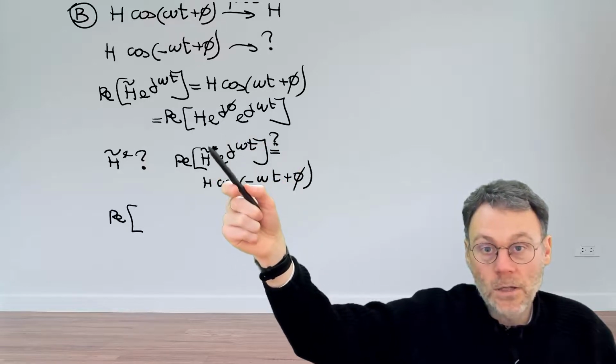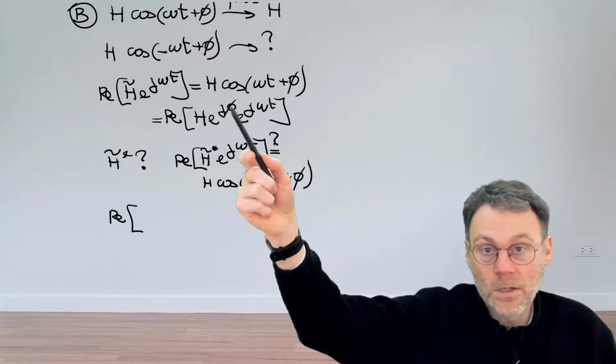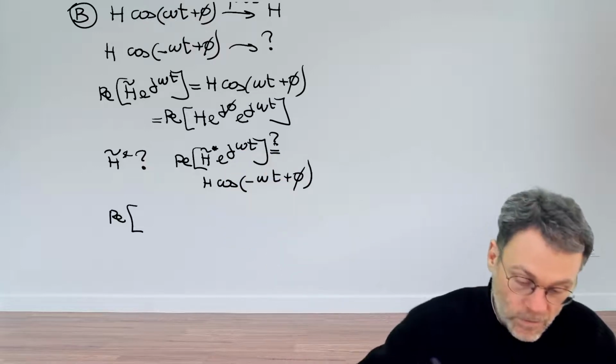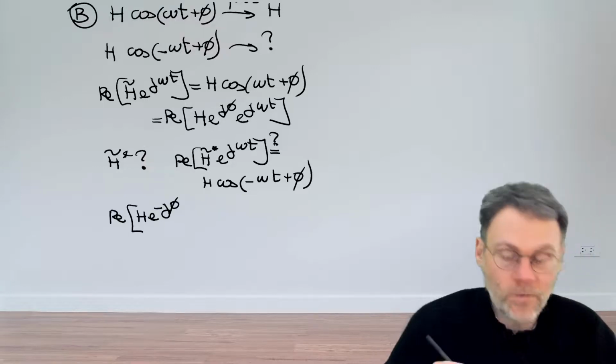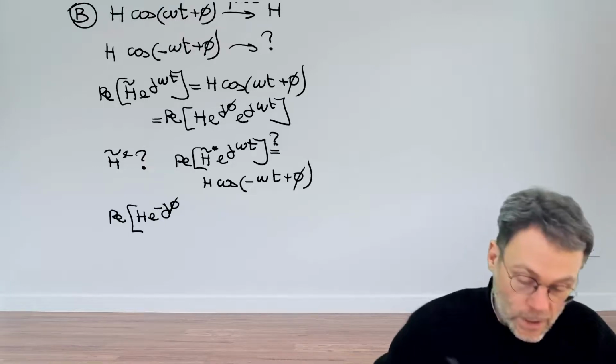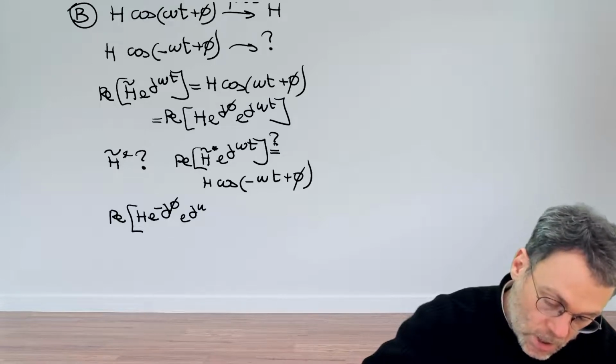If we now take the complex conjugate, that basically means replacing phi by minus phi. This is going to be h exponential minus j phi. And then we multiply by our time dependence, exponential j omega t.